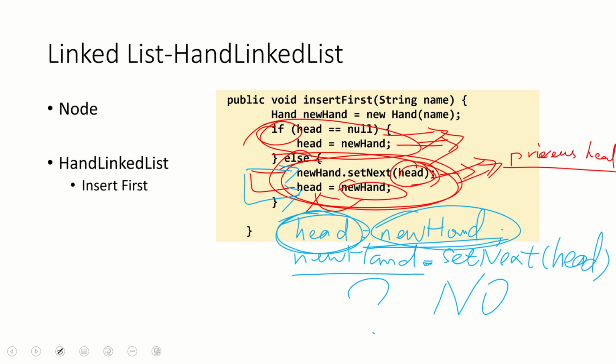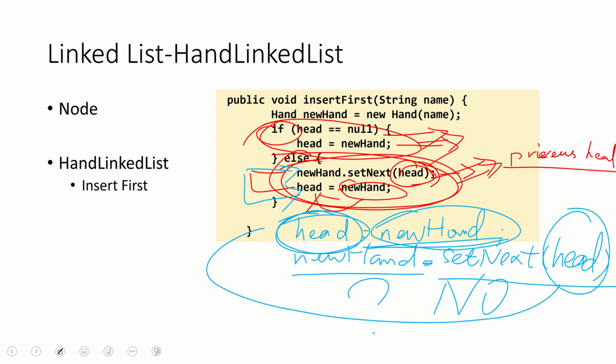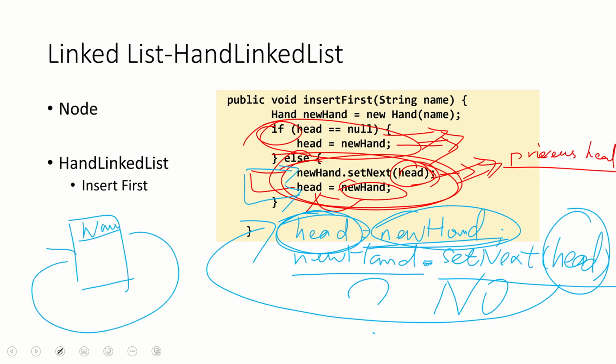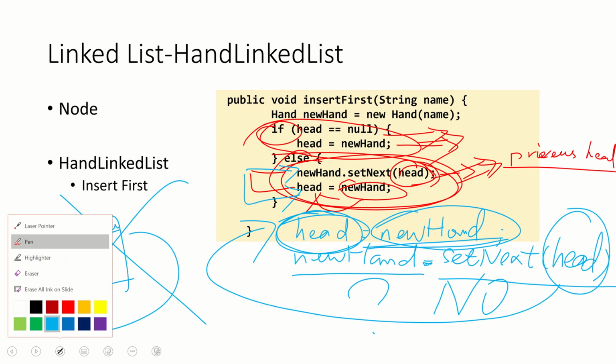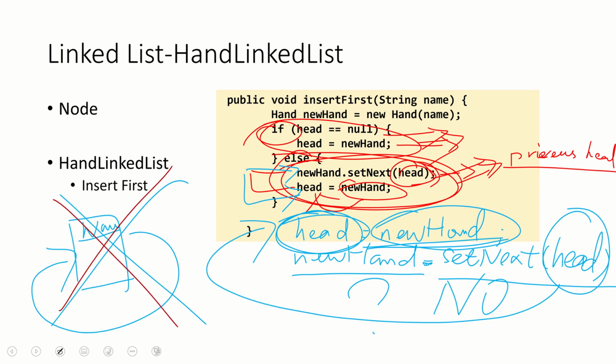Then if the new hand's next is set to the head, this head is equal to the new hand, okay? Which means the new hand just points to itself. This is the reason it's totally wrong, okay? Make sure you don't mess up this order.